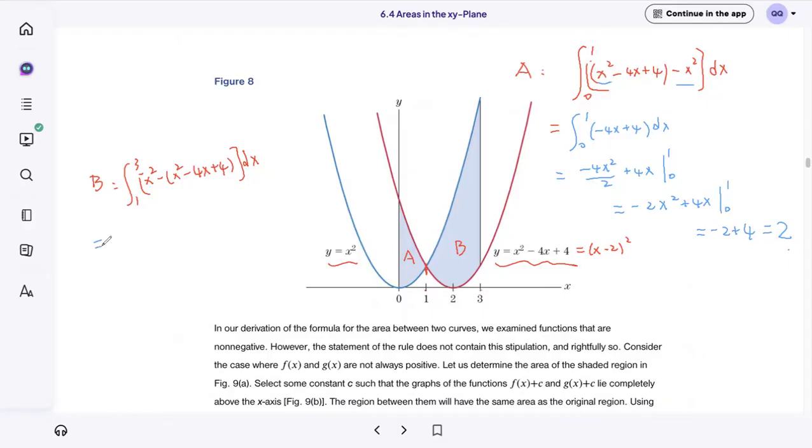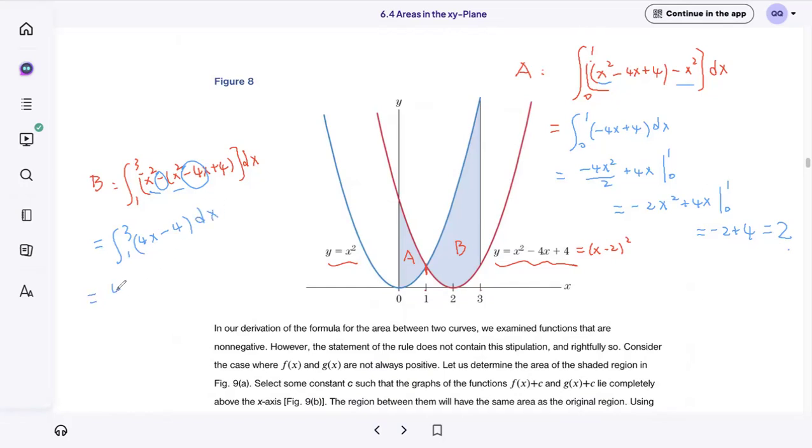Let's see B. Let's simplify first. x squared minus x squared is gone, becomes 0. But then we have this negative. Change this negative to be positive, so we have positive 4x. The positive changes to negative, minus 4, dx.